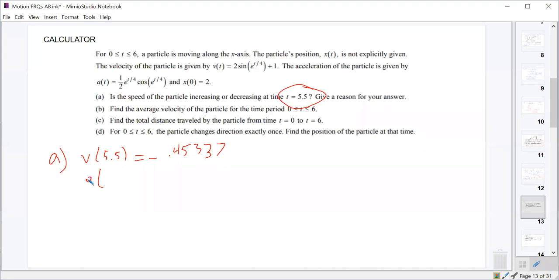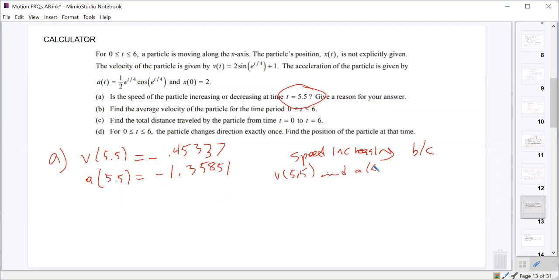And a at 5.5 came out to be negative 1.35851. I hope you didn't round to 2 decimals. Always 3 or more. Both of those are negative, so we would say speed is increasing. Your reason: because v of 5.5 and a of 5.5 have the same sign.